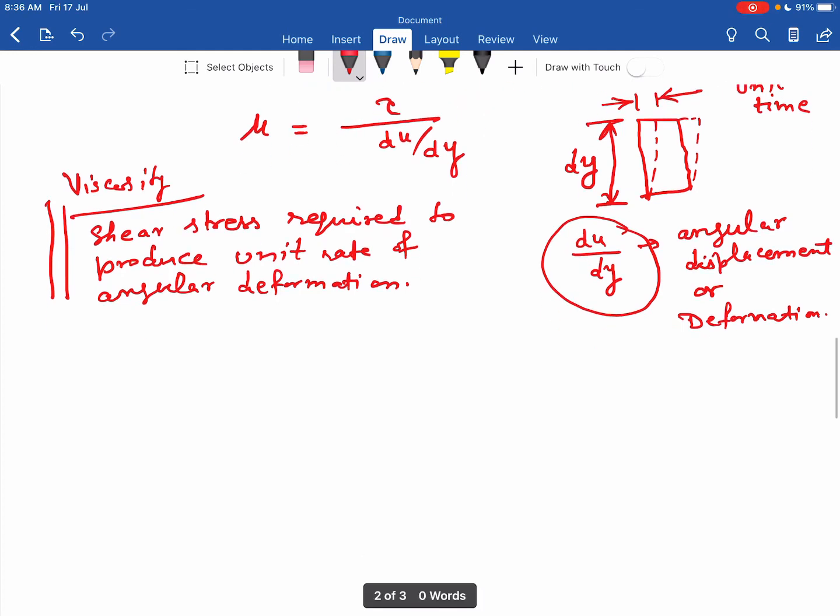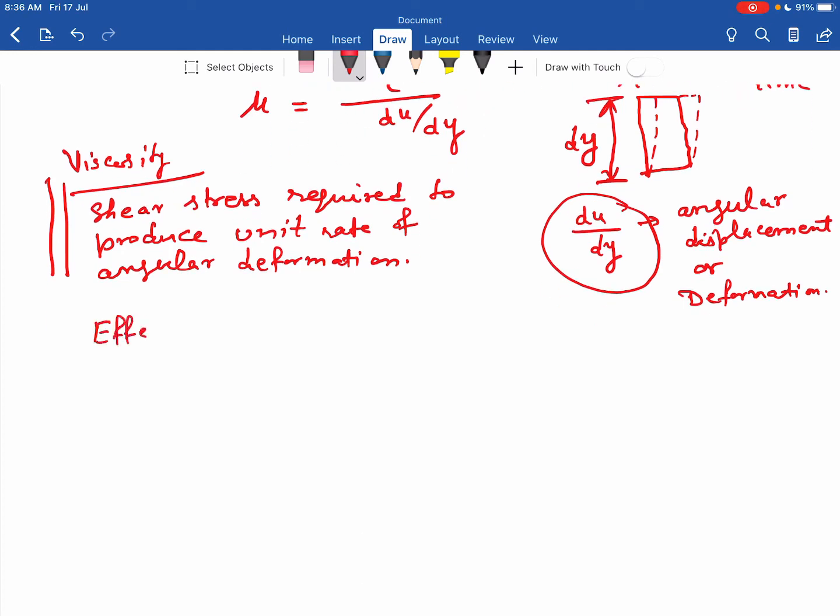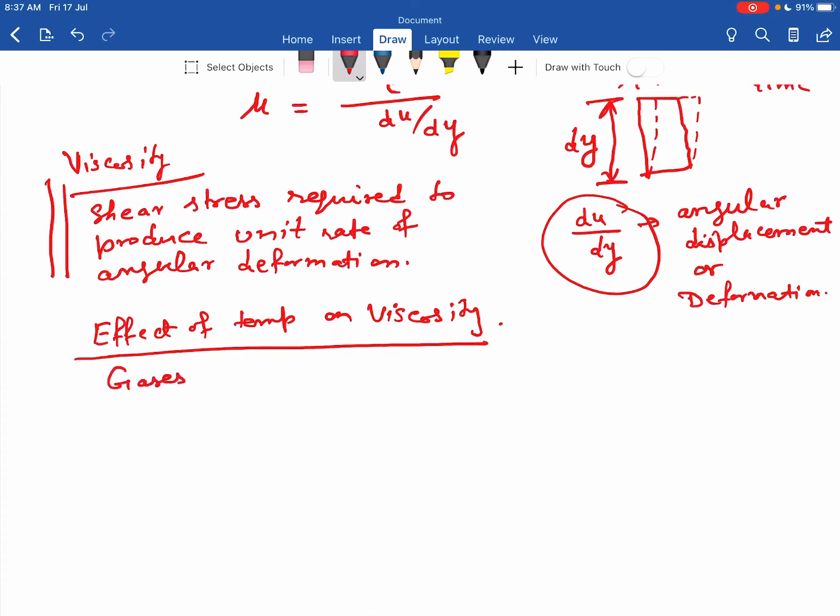Then next we see the effect of temperature on viscosity. For gases, viscosity increases with increase in temperature. For liquids, viscosity decreases with increase in temperature.